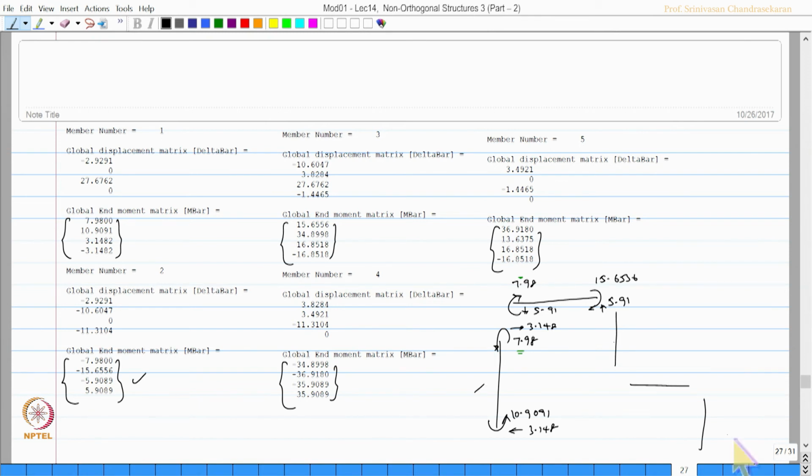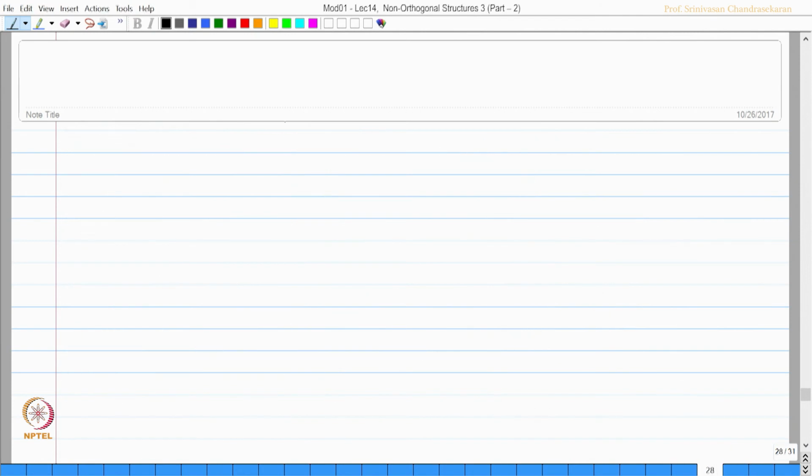So, friends, let us look at the summary very quickly. We have discussed the procedure to solve non-orthogonal members. We have explained how the global end reactions can be obtained.